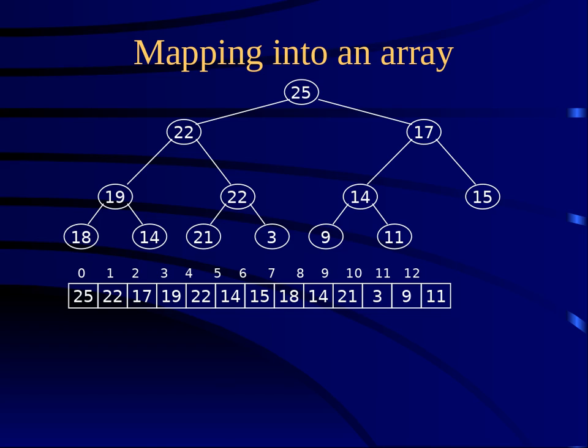Yeah. Didn't think of it that way, but yeah. All right, what about the right child? It's 2n plus 2. 2n plus 2, yep. Oh, well that's not that hard.